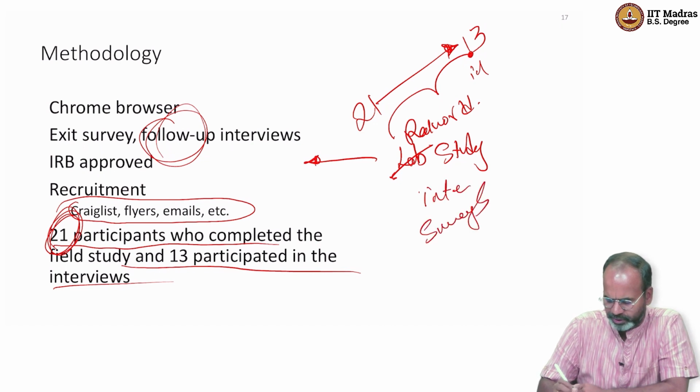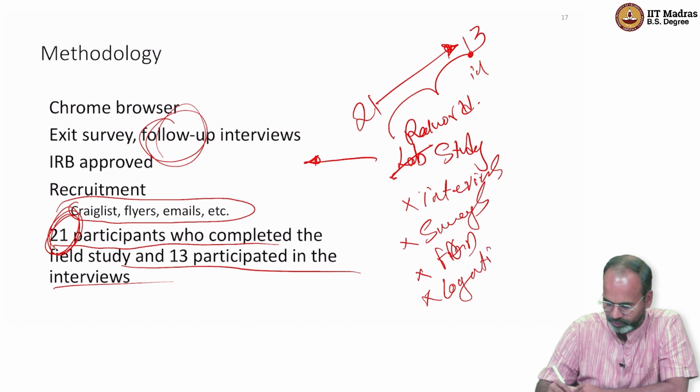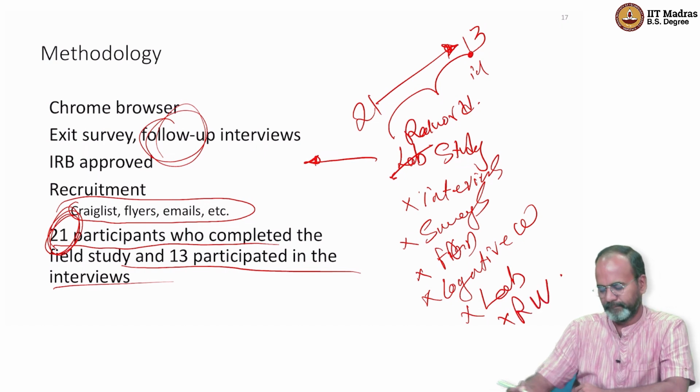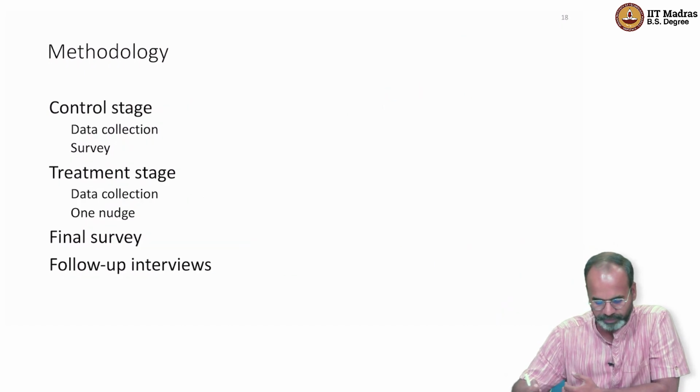I think last week I mentioned briefly interviews, surveys, focus group discussions, FGDs, cognitive walkthrough, lab study, and a real world study. These are the different methods in which you can do the data collection for any problem.